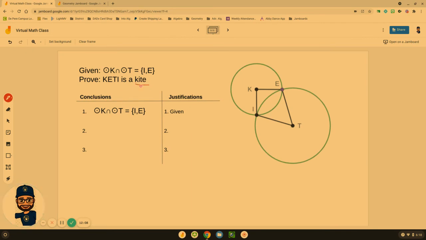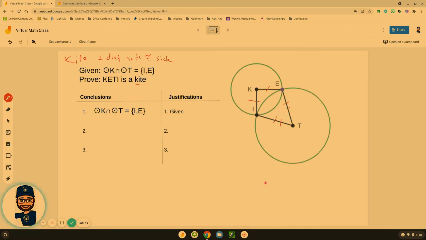Well, a kite, if you remember, needs two distinct sets of congruent sides. Sorry, it's a really bad congruent sign. So I need to show somehow that this side is congruent to that side and this side is congruent to that side.